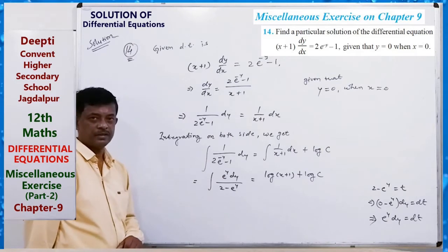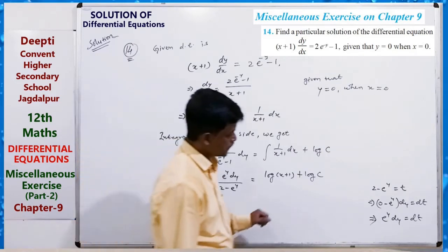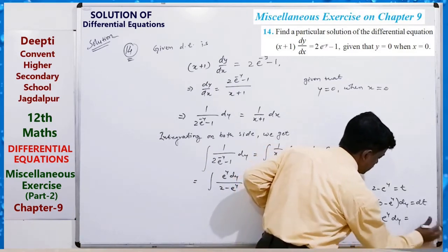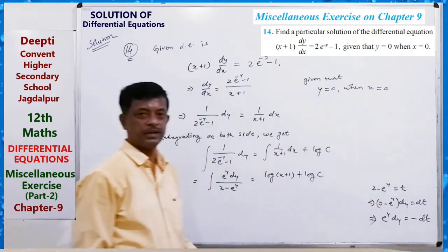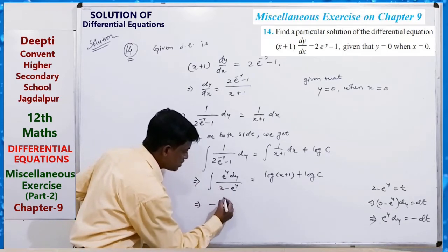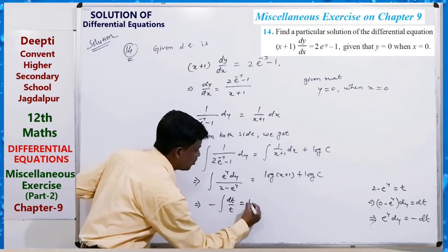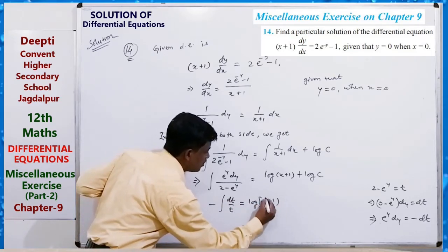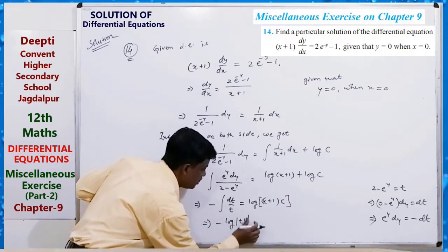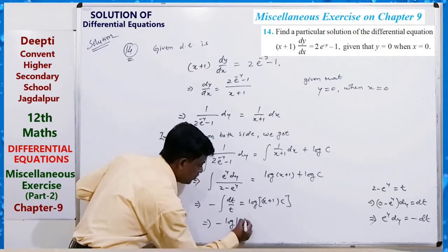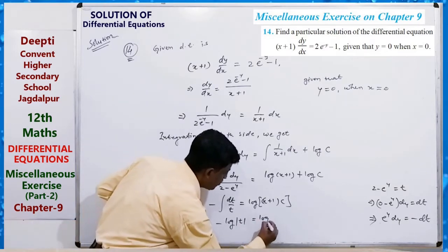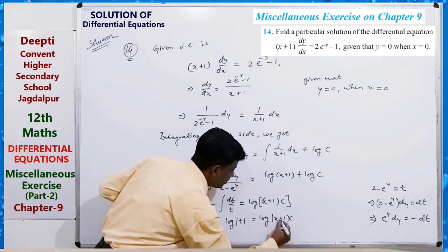So minus dt upon t equals log of (x plus 1) into c, implies minus log of t equals log of (x plus 1) c.